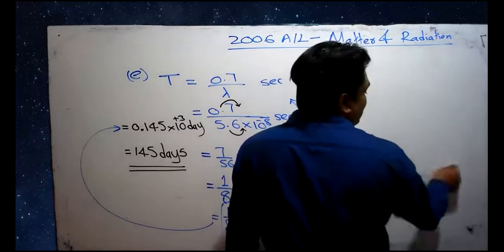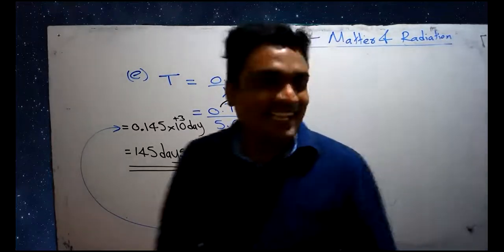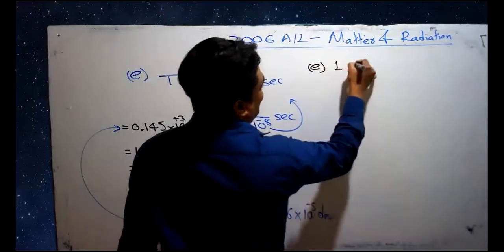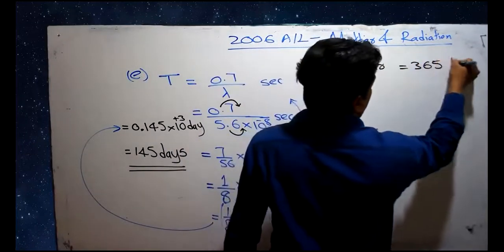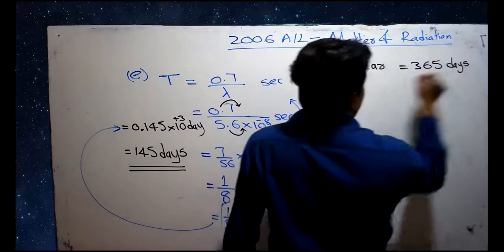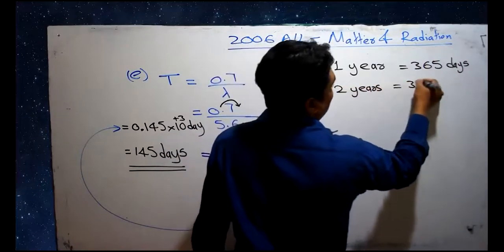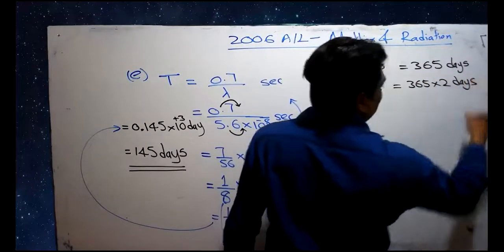How many days for 1 year? 365. Very good. 1 year equals 365 days. So 2 years means 365 should be multiplied by 2.